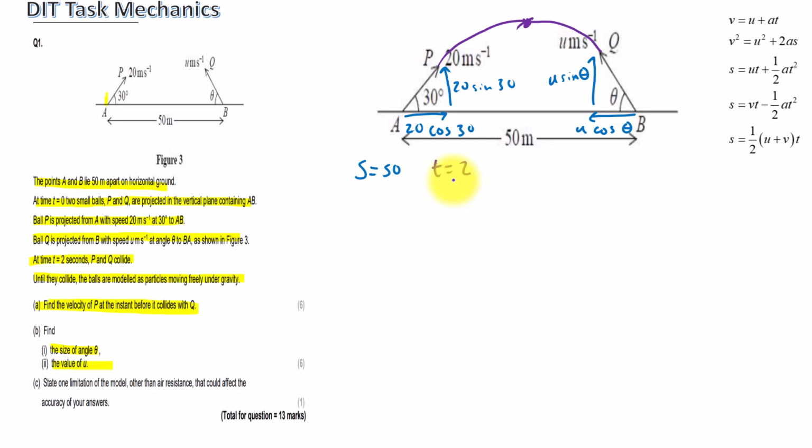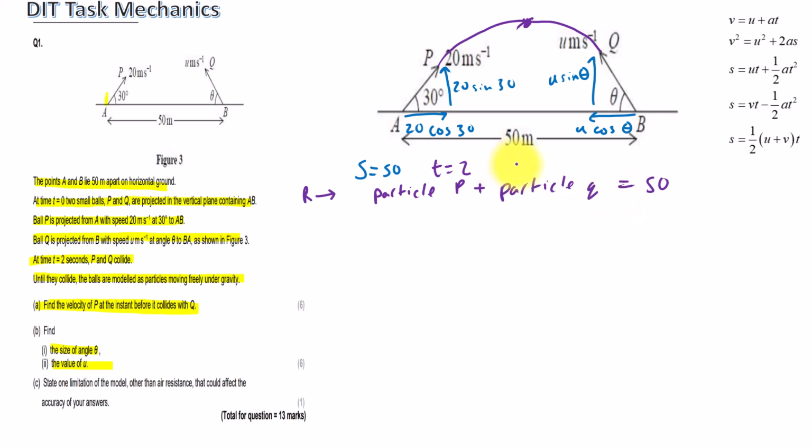Now this is a lot of problem solving here. Let's start with which way we're resolving. Let's resolve across. But we have to think what is happening in this question. If the total distance they both travel is 50, we've got to work with particle P plus particle Q horizontally equals 50.